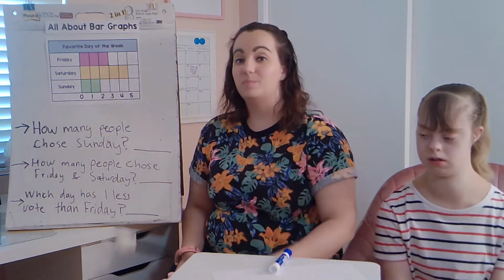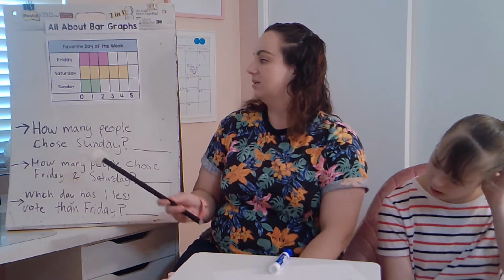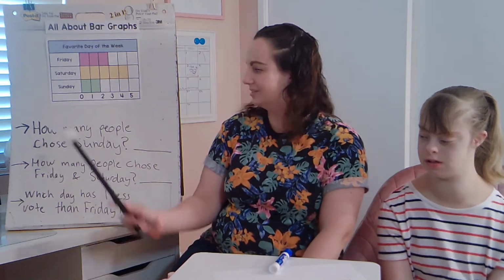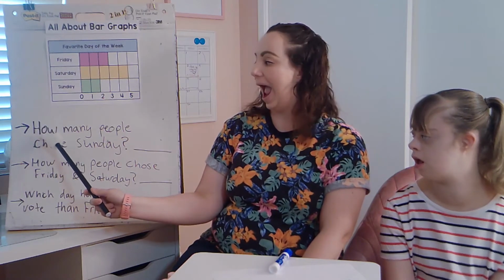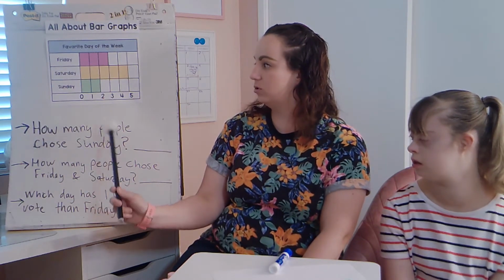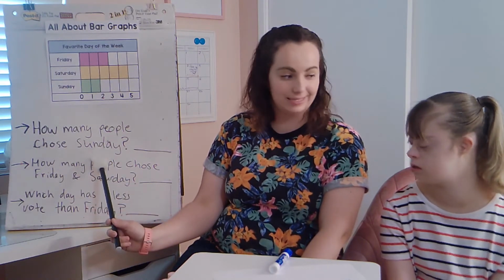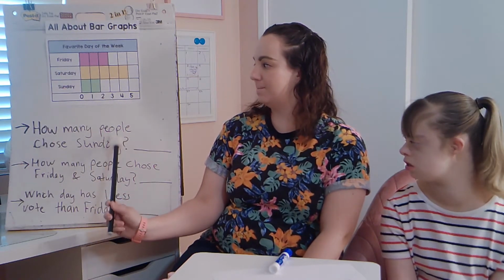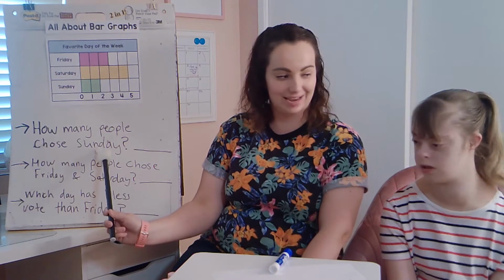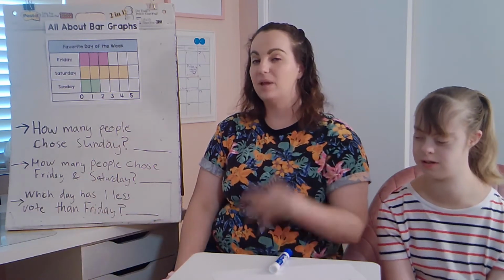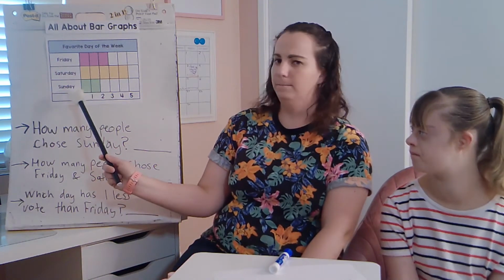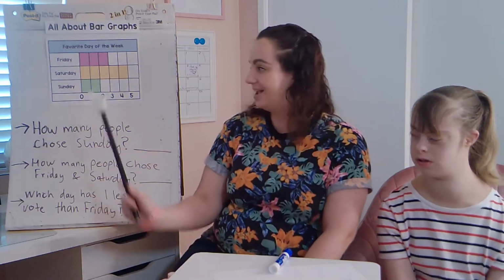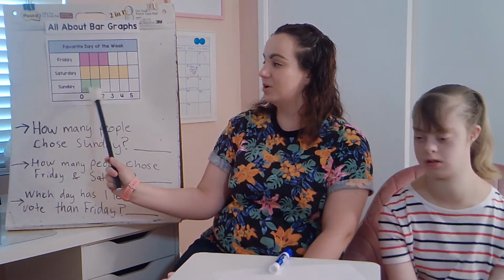Now that we have a better sense of the bar graph, let's go ahead and read and answer some questions. It says, how many people chose Sunday? It's asking me how many people voted for Sunday. So let's look at the bar graph.